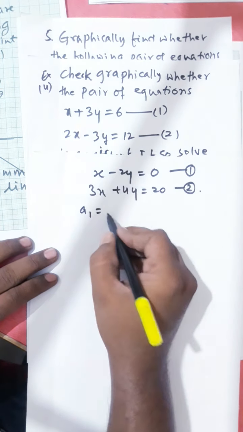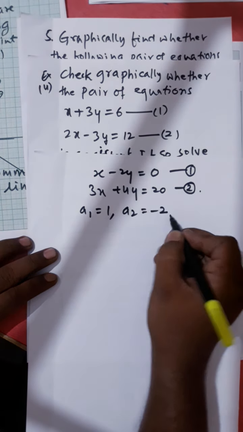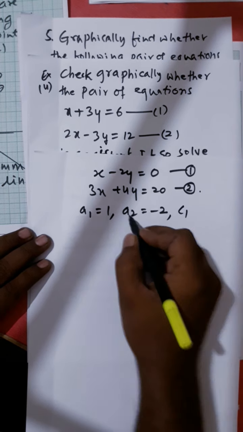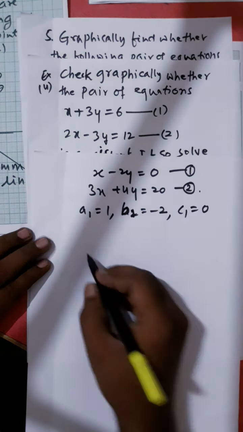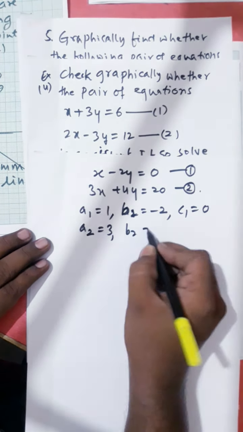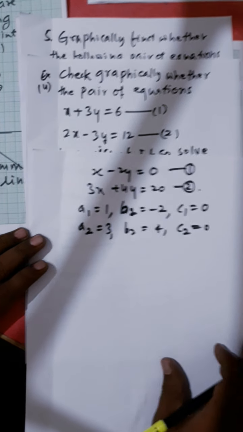The coefficient of x is 1. What is b1 here? It is minus 2. What is c1? 0. And what is a2? 3. b2 is 4. c2 is 20.